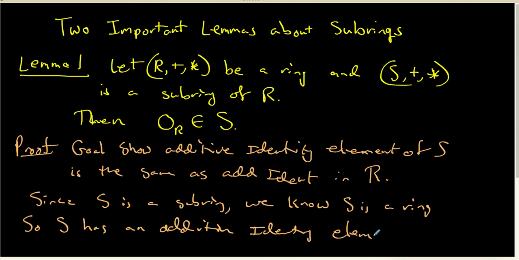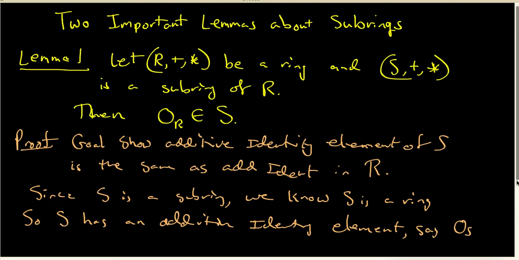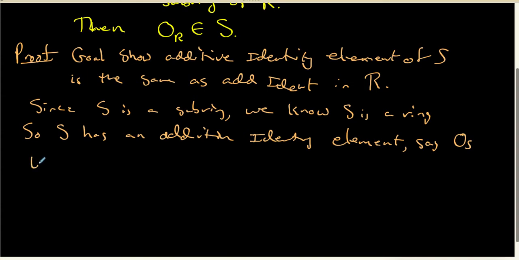And we're going to call this additive identity element 0 sub S. And what we want to do is show that 0 sub S is actually equal to 0 sub R inside the big ring R.